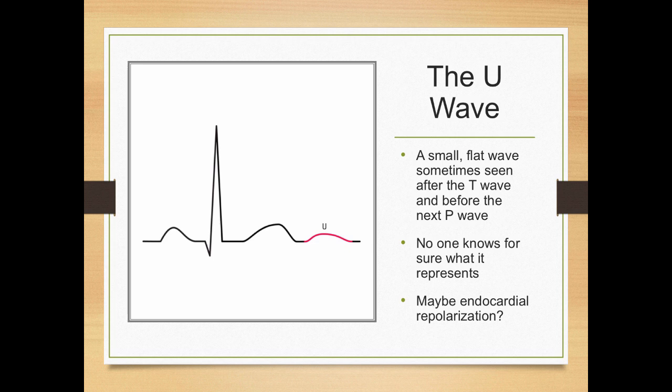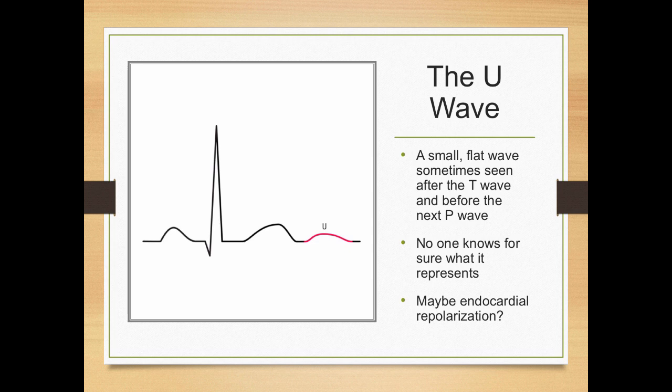Okay, moving on. There might be a U wave. The U wave is a really small, really flat wave after the T wave. It might be there, it might not. Usually it's not, sometimes it might be. We don't really know what it is.